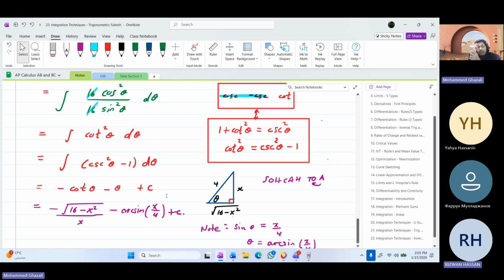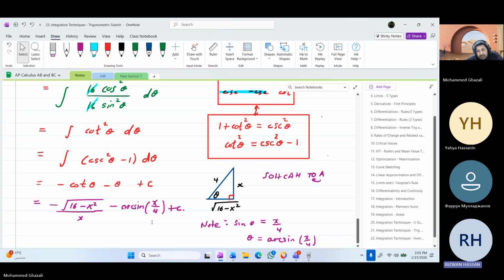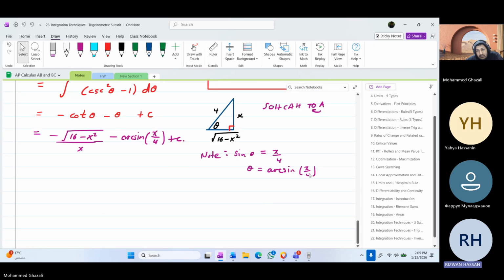I have a question. How did we go from theta to x? Is it like we plugged in the values that we had? No, we didn't have any values. We are solving an indefinite integral. You need to convert: x equals 4 sine theta, we made that into theta equals arc sine x over 4. It's the same thing as saying sine inverse.